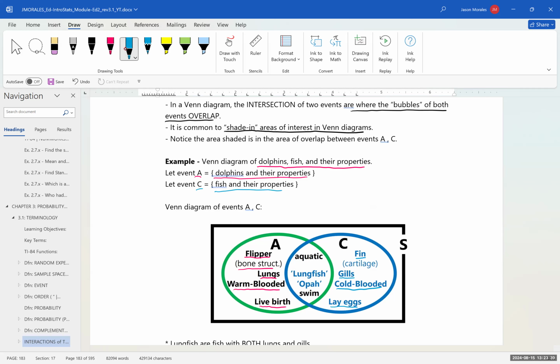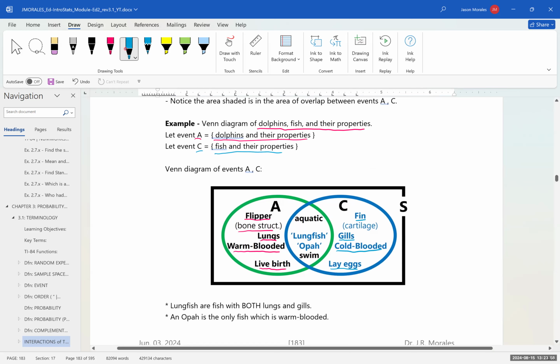Now you'll notice that event A, dolphins and their properties, and event C, fish and their properties, overlap. So what's in the overlap between these two separate species? Well, you'll notice that we've got lungfish overlapping these two subsets.